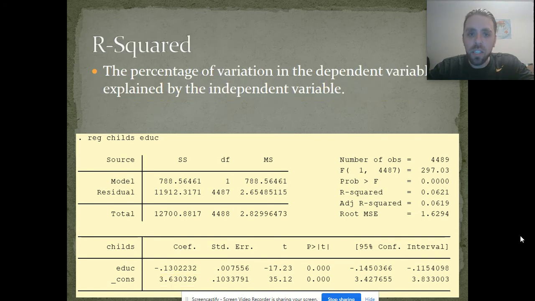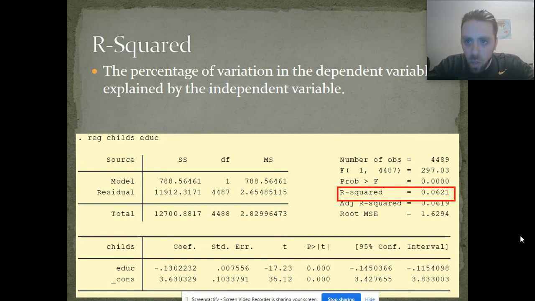One final thing to show you before we go multivariate, the R squared. Another thing I don't require you to calculate by hand, but the R squared is a measure of what is the percentage of variation in the dependent variable that is explained by the independent variable or variables that you have added to your model. And that's right there.